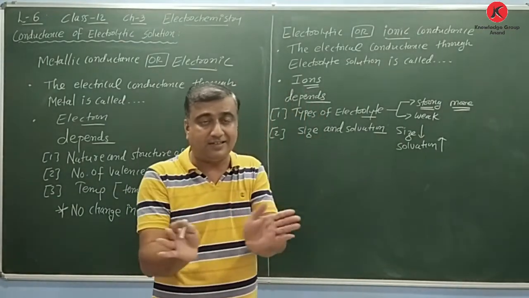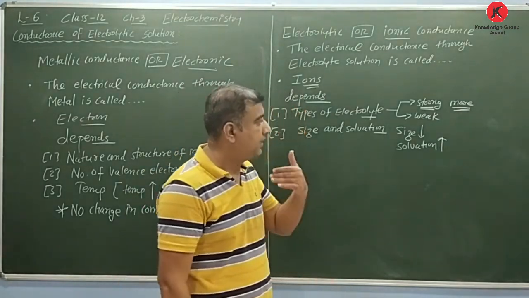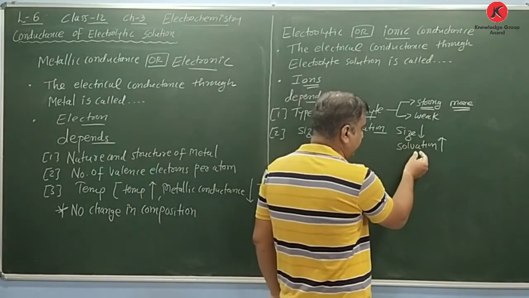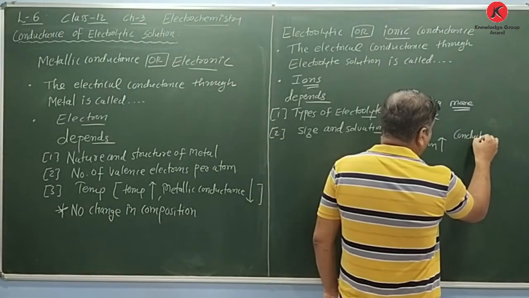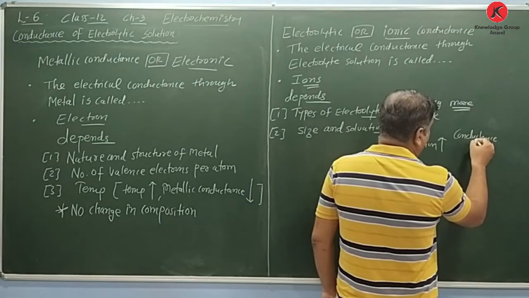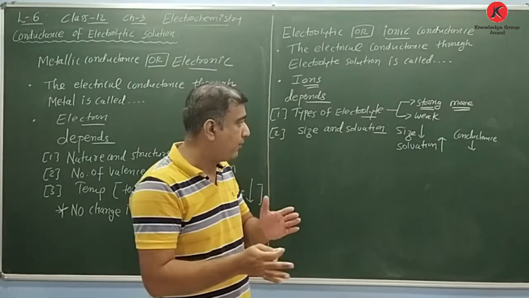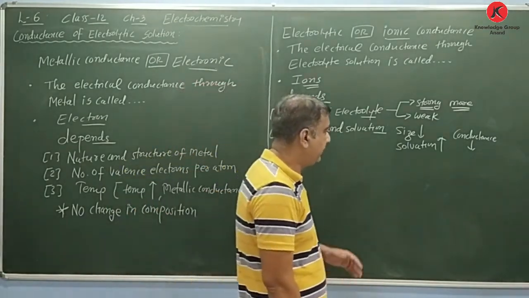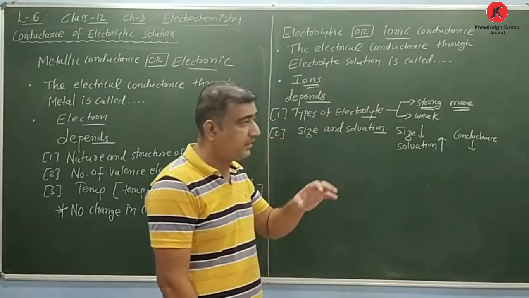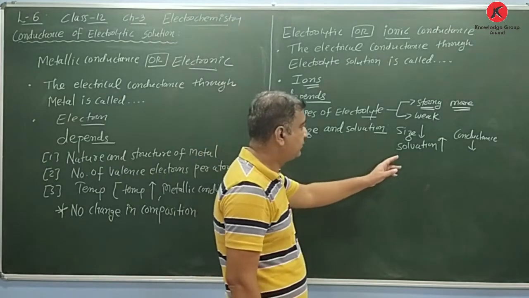That means ions are not free in a solution to conduct electricity. That means size decreases, solvation increases, conductance decreases. Remember, a smaller size ion has less conductance because of the very high value of solvation.